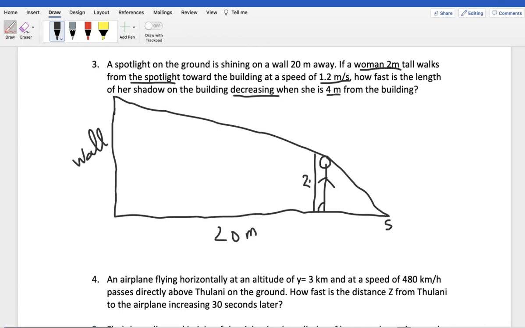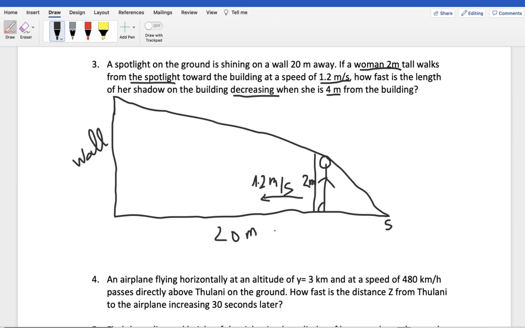And they're telling us that the woman is traveling towards the wall from the spotlight at a speed of 1.2 meters per second.